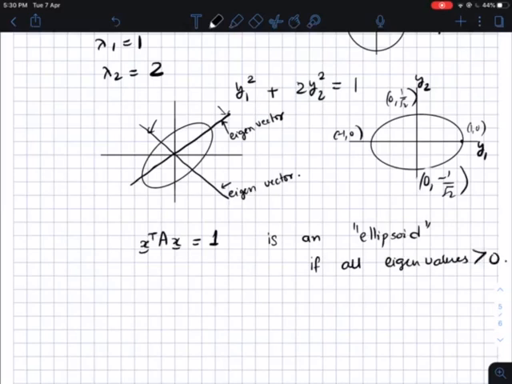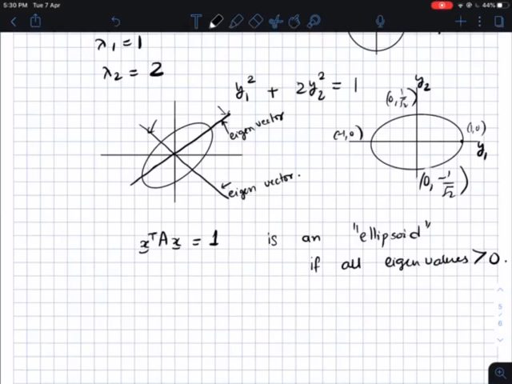We'll come back to this when we do positive definite matrices as well. Essentially, a positive definite matrix is a matrix whose eigenvalues are all positive. You have encountered this definition before, but essentially, positive definite matrices are closely tied to ellipsoids.